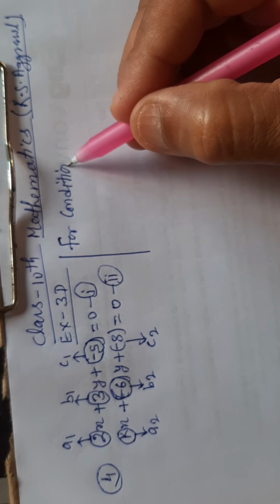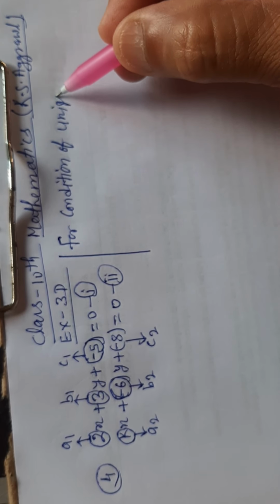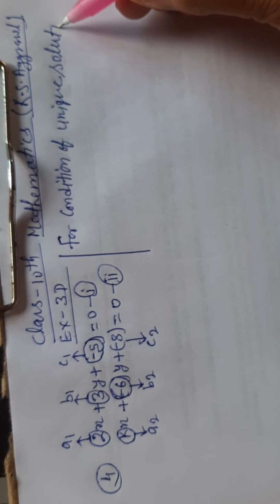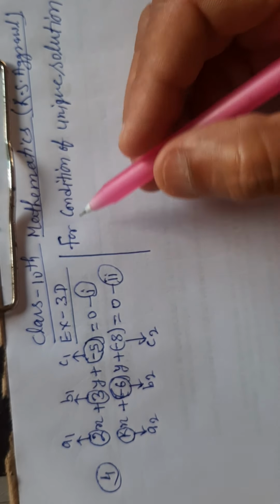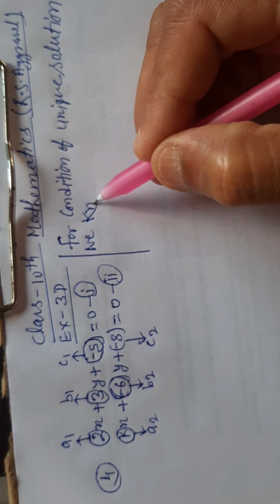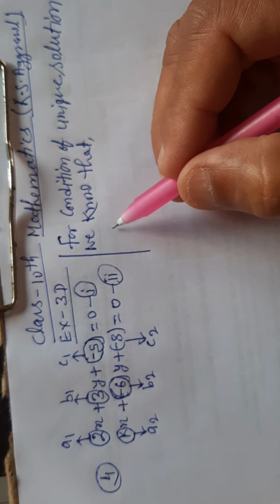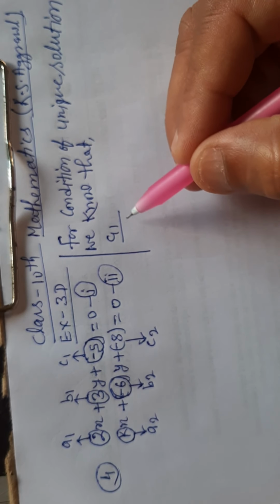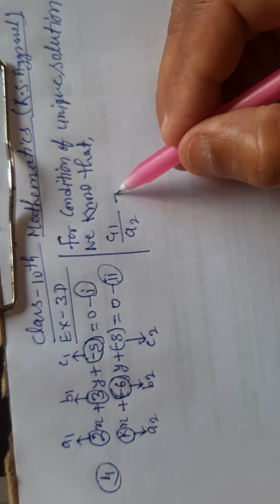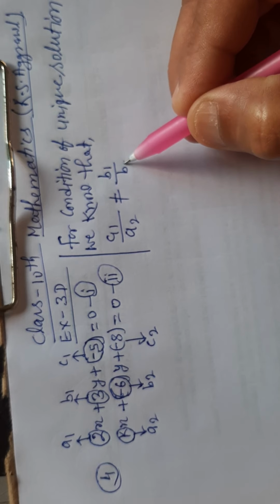It means for the condition of unique solution, we know that a1 by a2 is not equal to b1 by b2.